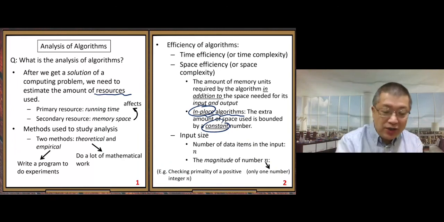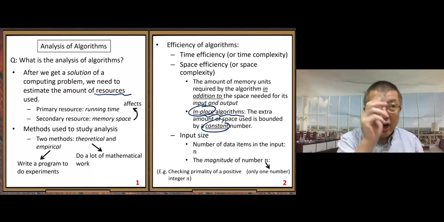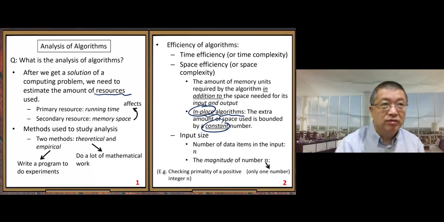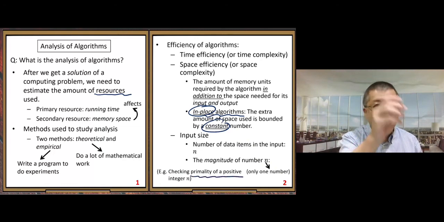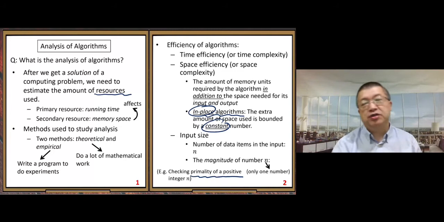So that's the reason the modern internet encryption algorithm is built on top of the primality of large positive integers. The encryption method is built on that, because it's very hard to break it.